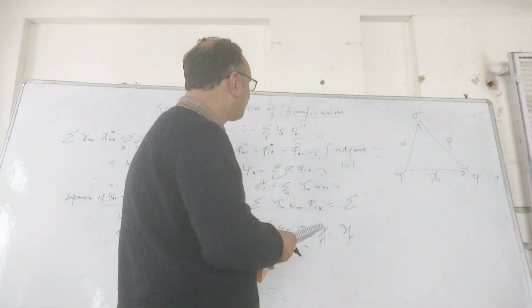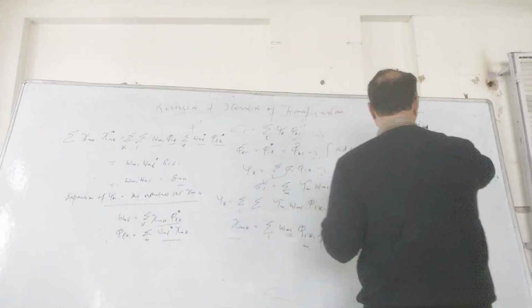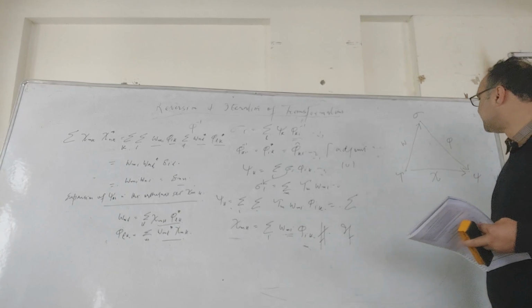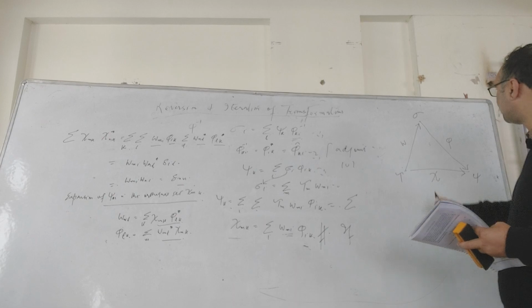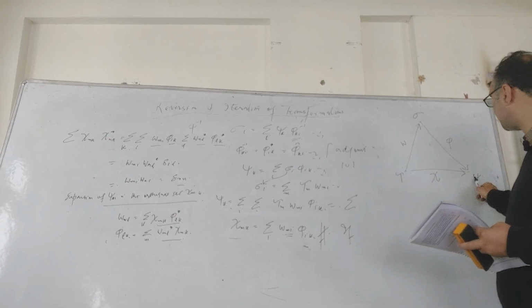So if you want to represent it by this diagram, this is how you can write iterative transformation. You can always go from this to this to this.